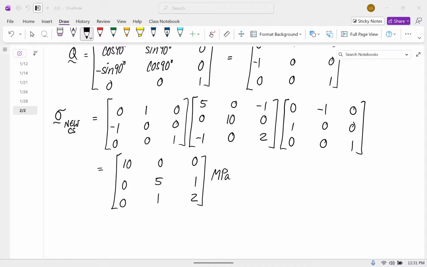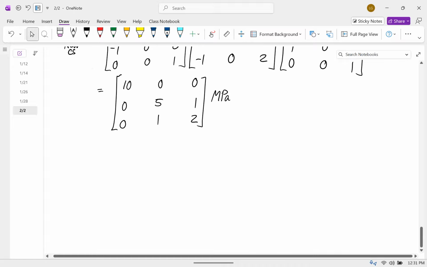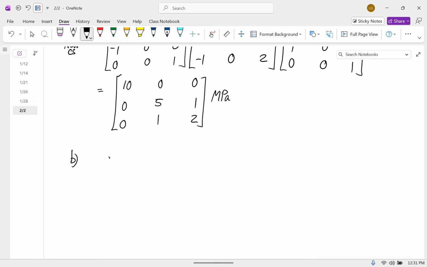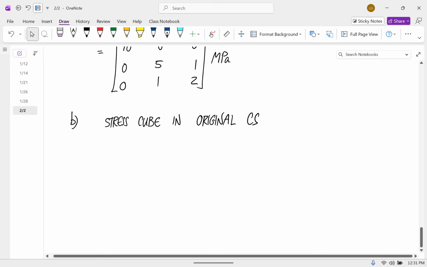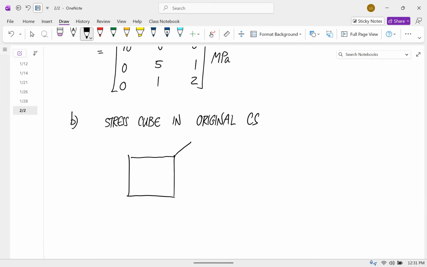Now part B says, can we make any intuitive sense out of this? Okay, well, in order to do that, let's think about the stress cubes. First of all, here's the stress cube. It's in the orientation that we always draw the stress cubes.